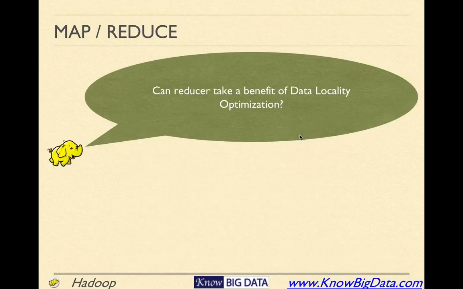So can a reducer take the benefit of data locality optimization? Anyone? Okay. Yes, one's question was, I missed the question. Should it be moved to having the same data copy? Yes, that will be preferable.